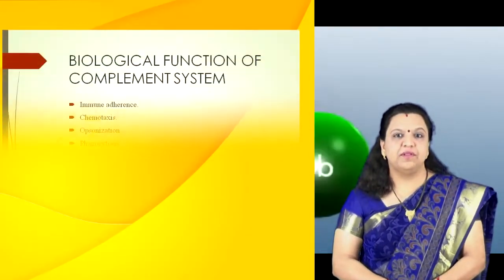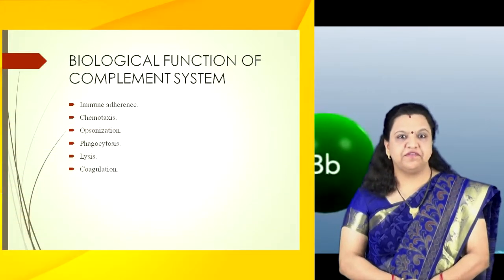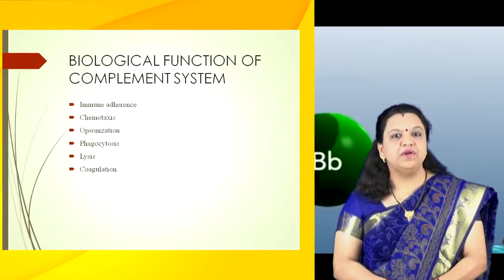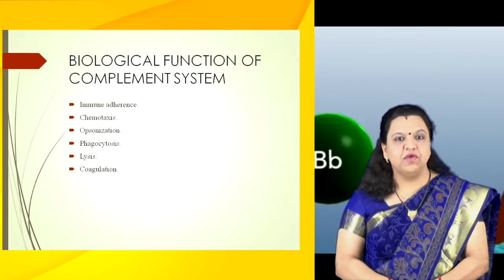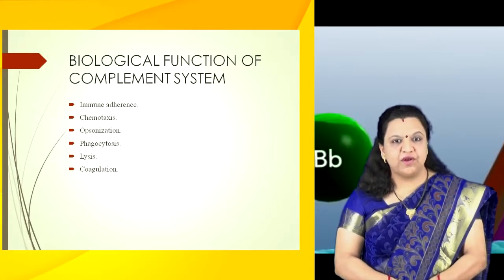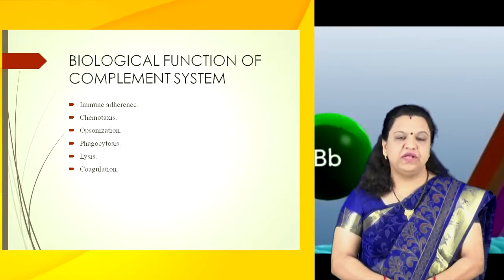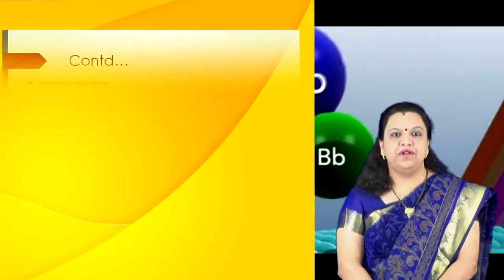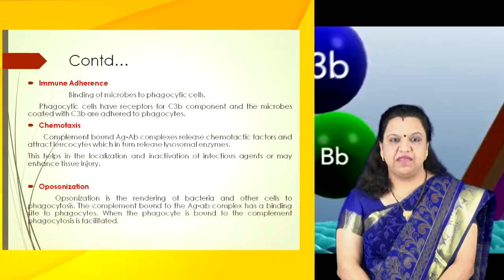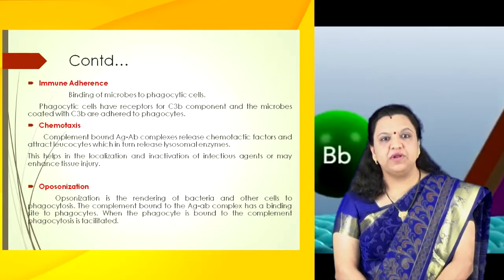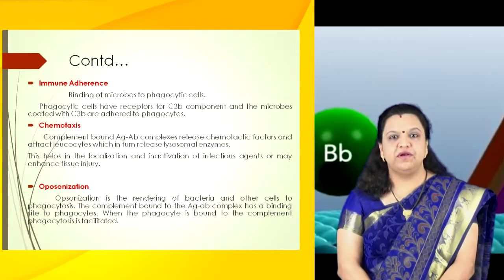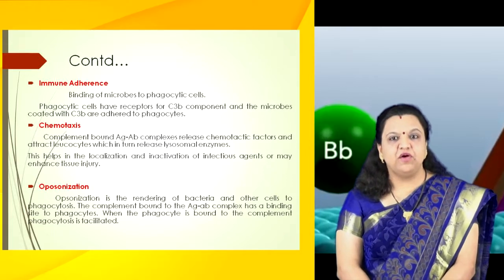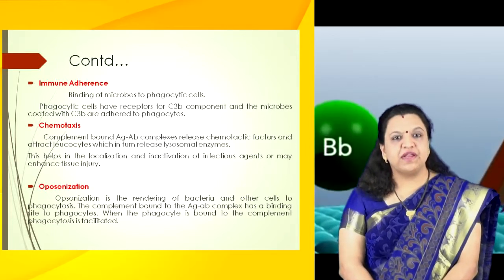Now let us talk about the biological functions of the complement system, which include immune adherence, chemotaxis, opsonization, phagocytosis, lysis and coagulation. Let us talk about each one step by step. First is immune adherence. The complement component facilitates the binding of microbes to phagocytic cells.